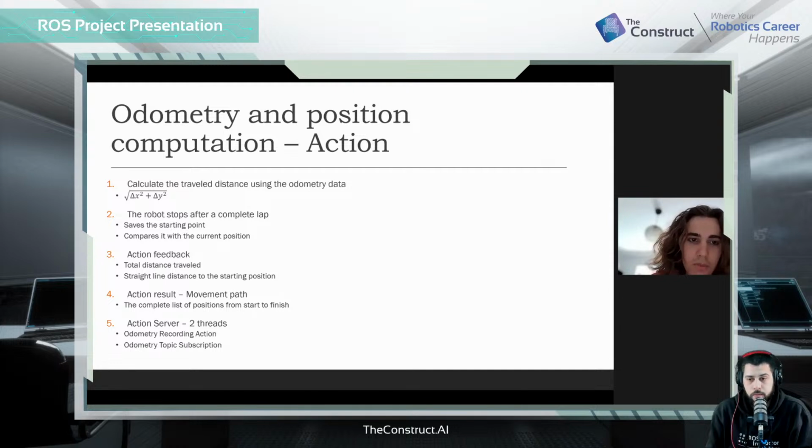The action feedback from the interface is the total distance traveled data and the straight line distance to the starting point. The action result is the movement path, all the points from the circuit. And also the action server has two threads for the odometry recording action and the odometry topic subscription.